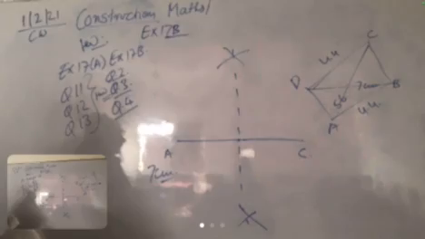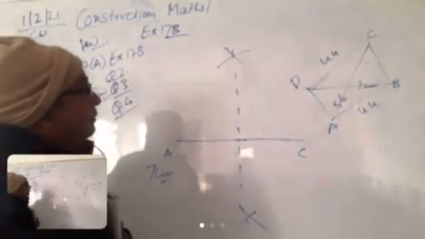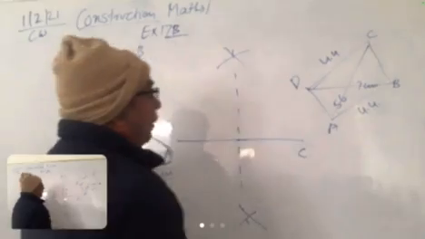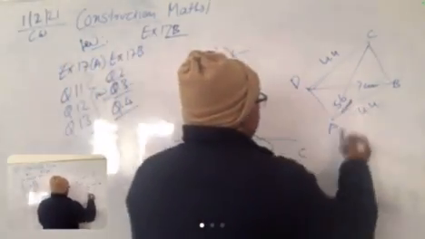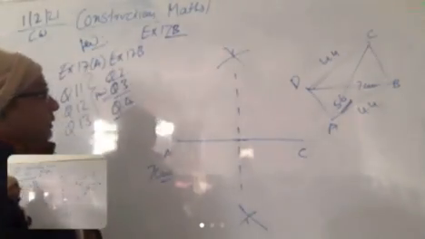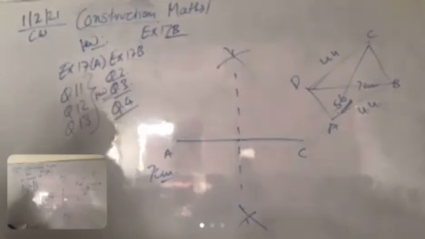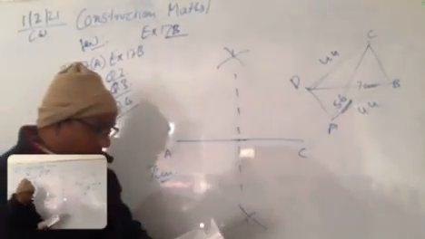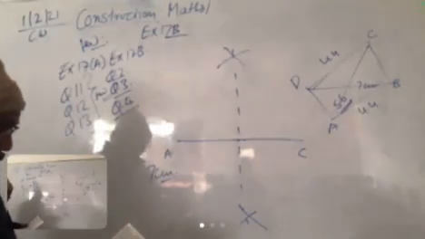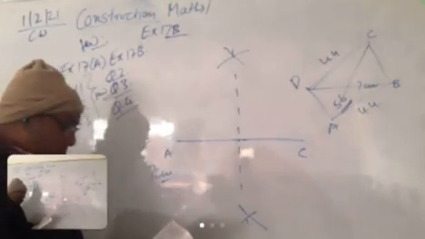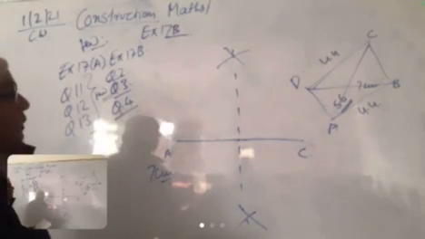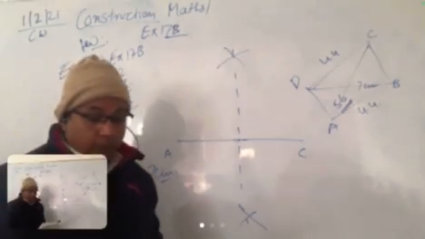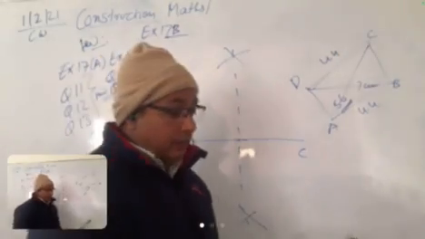Any confusion? And now see, it is 5.6. One of the sides is 4.4 centimeter and the diagonal is 5.6.